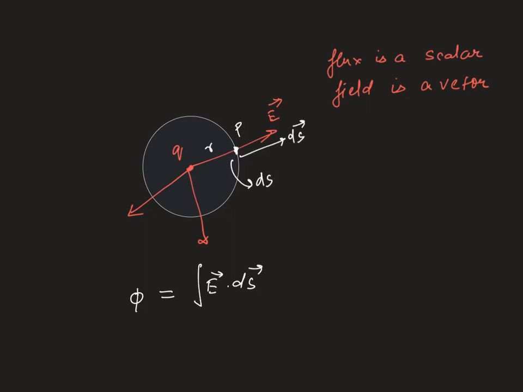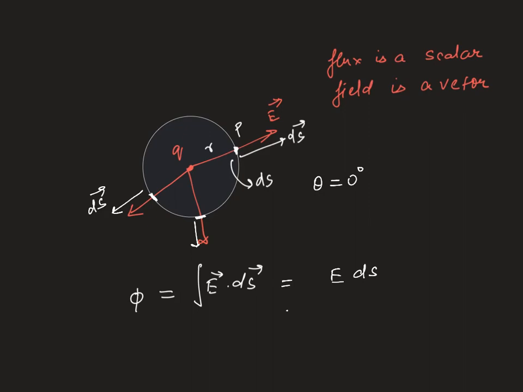Now in the case of a sphere, it's very important to understand that whatever area you take is always parallel to the field direction. So if all areas are parallel to the field direction, in all cases the angle theta equals 0 degrees, and the dot product becomes E ds cos 0, and cos 0 equals 1.